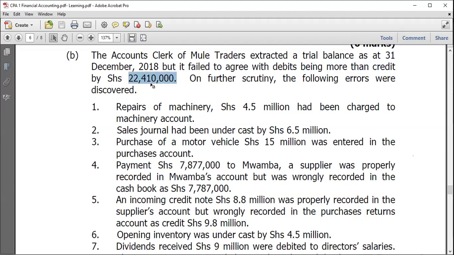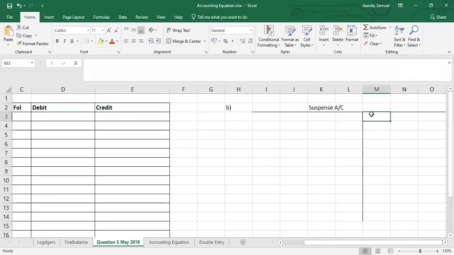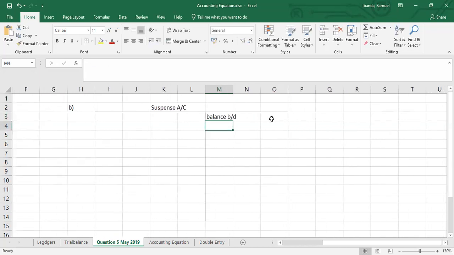So what you do, you pick that value and go to your suspense account, and you have what we call a balance brought down, of that value of 22 million.